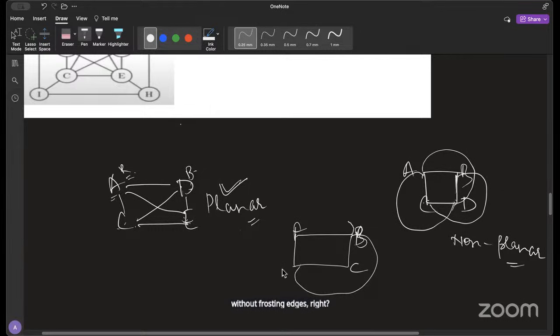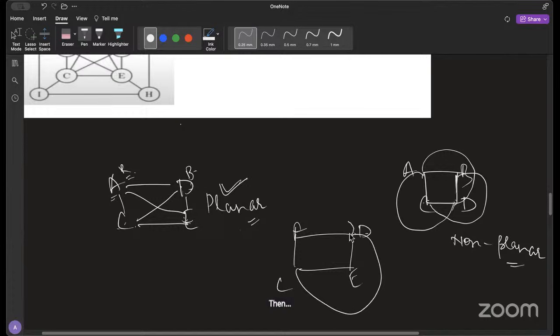The CD you have to join. A, B, C. If I take D here, and E here, then this can be made in this manner, right? CD and you have A, E here.